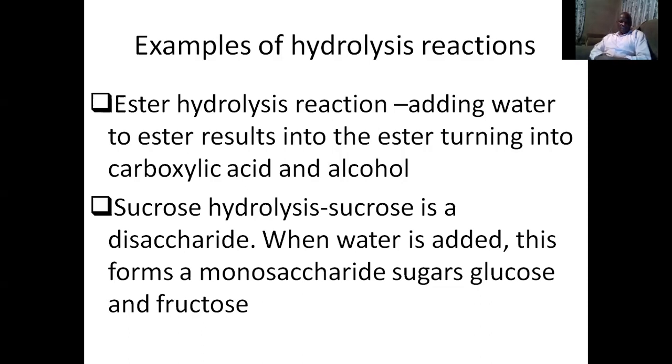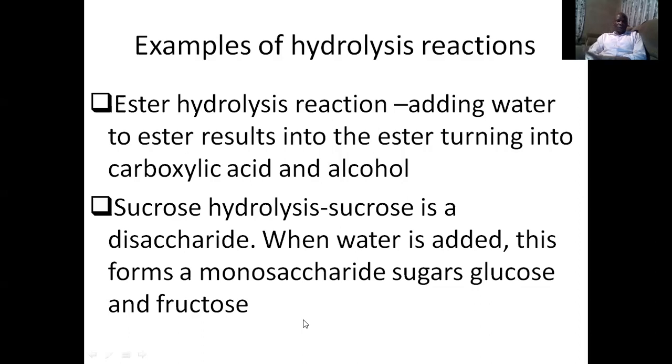The other example is that if you have sucrose and then you hydrolyze it by adding water, sucrose is a disaccharide. So if you break sucrose, it means that you form other simpler sugars or monosaccharides, which are glucose and fructose.